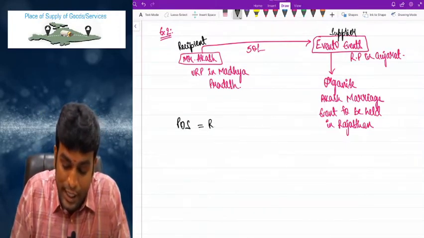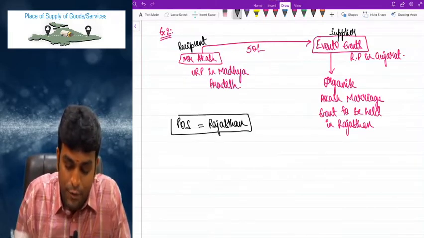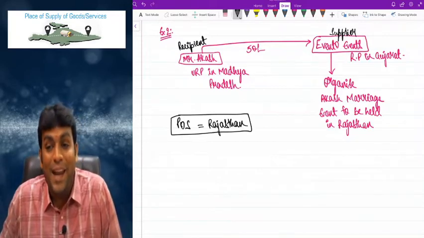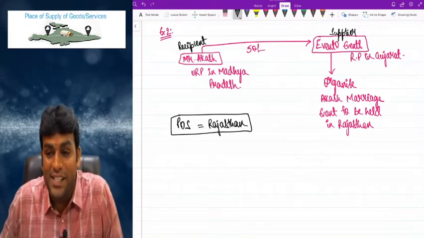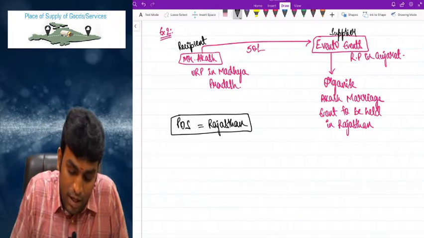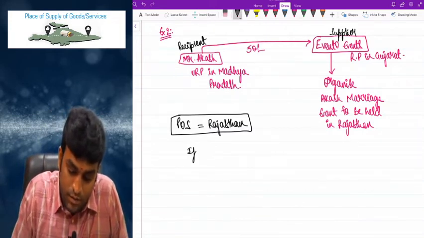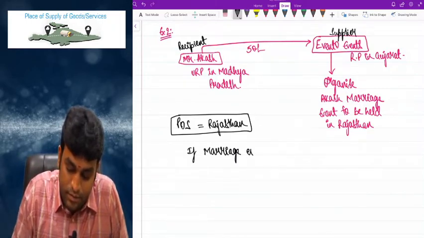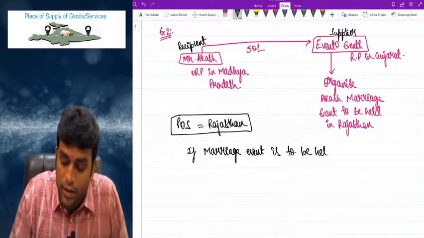Place of supply will straight away become Rajasthan. Why Rajasthan? Because if the receiver is an unregistered person, then place of supply will be the place where the event is actually held. Wherever the event is held, that becomes place of supply. Now listen. Let's say the marriage event is to be held in Dubai.